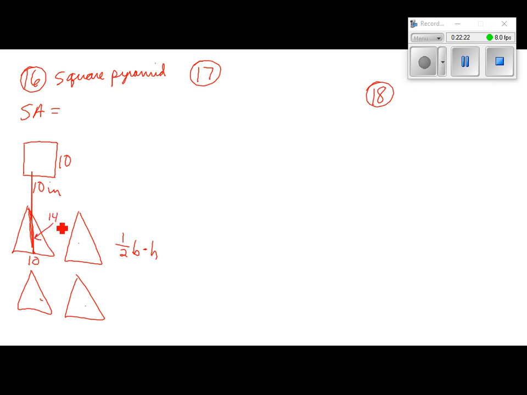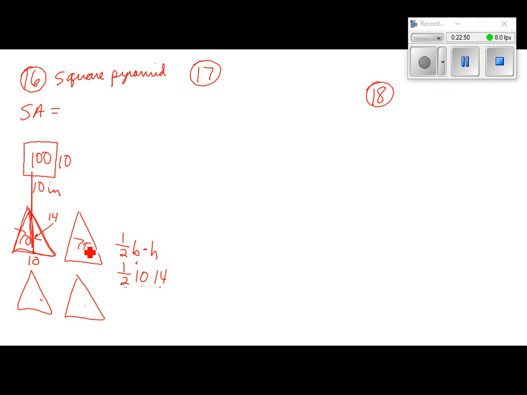So up here, area of the square is going to be 100. Area of the triangle, sorry, is 1/2 times 10 times 14. I'm going to take half of 14 and get 7. Then 7 times 10 is 70. So the area of that triangle is 70.